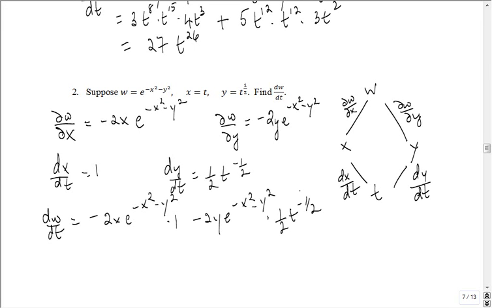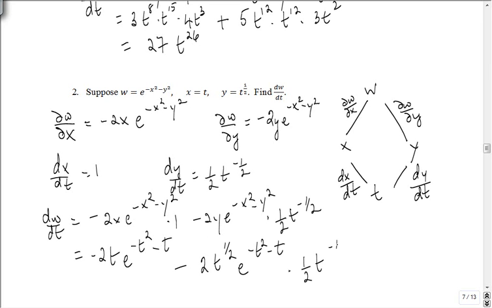And then when you are done, make sure you substitute t for x and t to the half for y. So this becomes minus 2t e to the minus t squared minus y squared, which is just t. Minus 2y, so that's 2t to the half, e to the minus t squared minus t, times a half t to the minus a half.